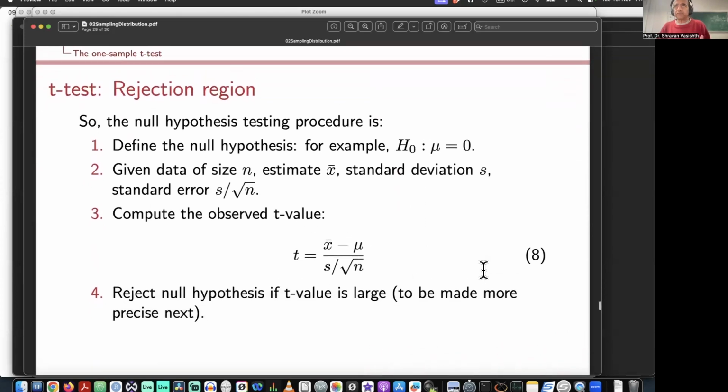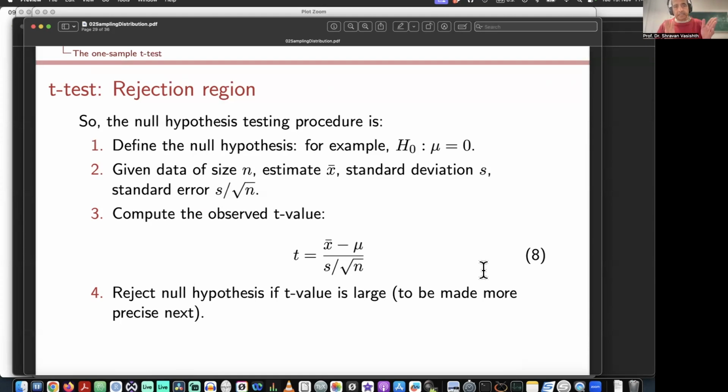So now we come finally to the one sample t-test hypothesis testing procedure. First of all, we start out by defining our null hypothesis, for example, that mu is equal to 0, right? And we collect some data of size n. So right now I'm assuming that the data are independent. So every single data point has to be independent, okay?